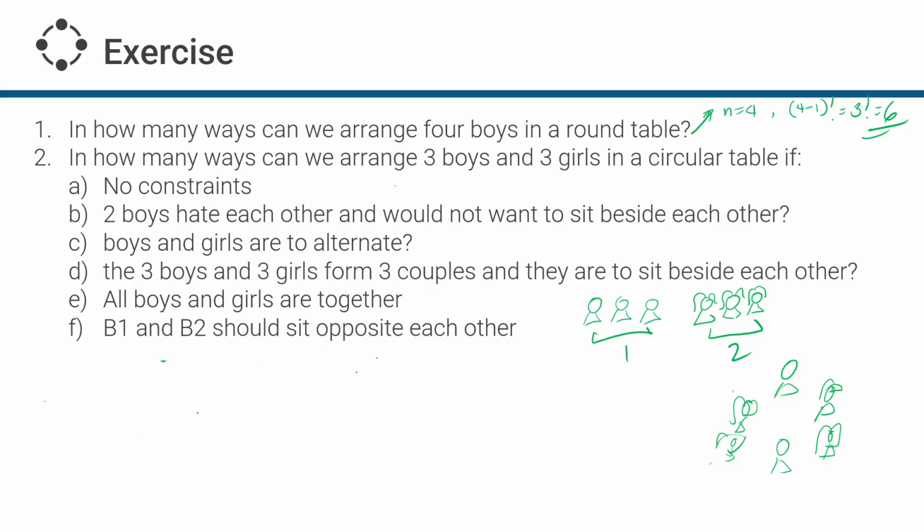If B1 and B2 will be sitting next to each other, we have to have a fixed point. Since there are 6 total, 2 are already occupied. Thus, there are only 4 factorial, which is 24. So this is the total number of possible arrangements for B1 and B2.